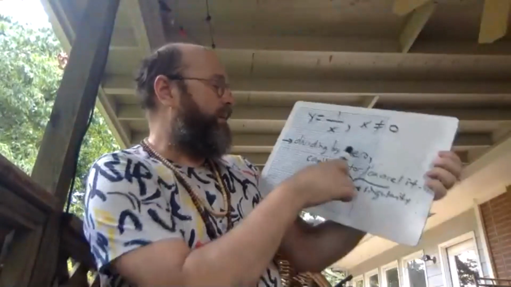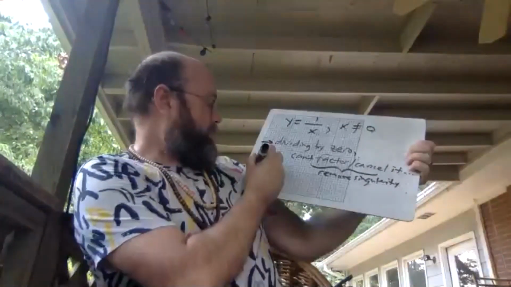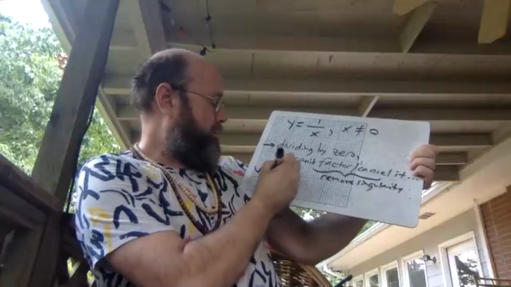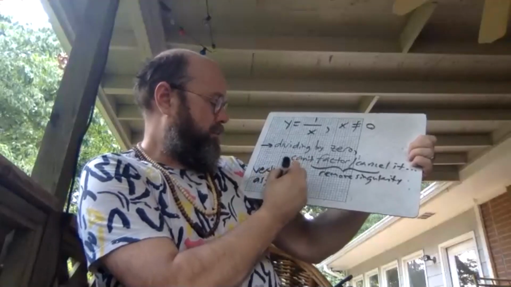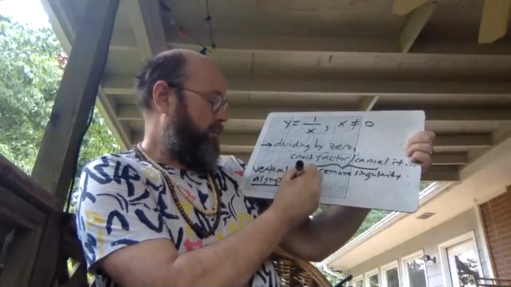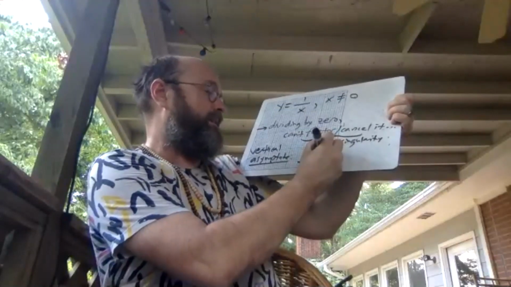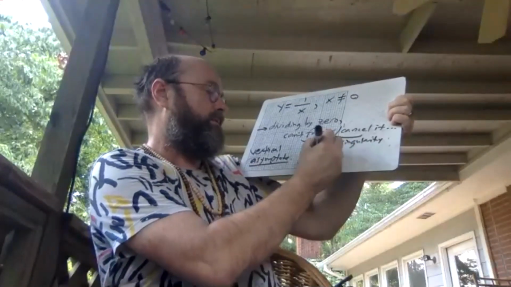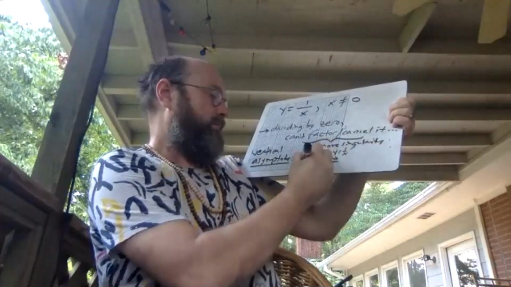So when you're dividing by 0, that's going to give you a vertical asymptote. A vertical asymptote is the kind of singularity that's like this. In this case, the graph of 1 over x, this is y equals 1 over x, looks like this.